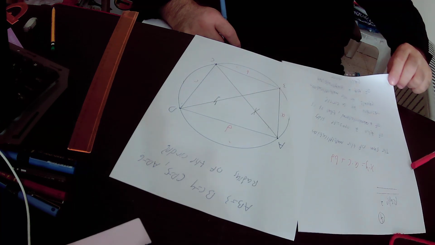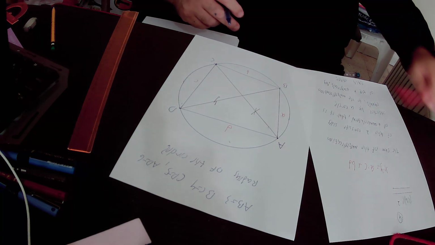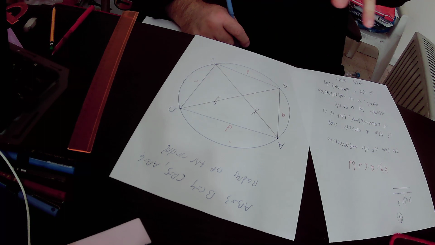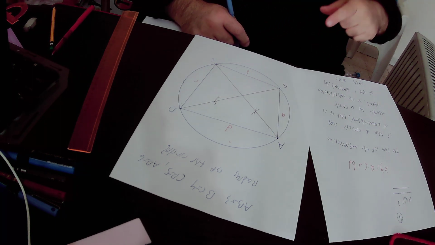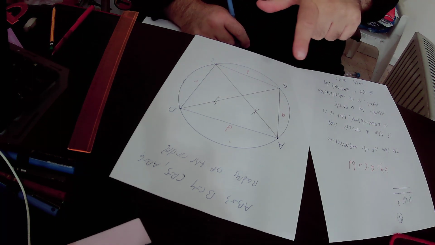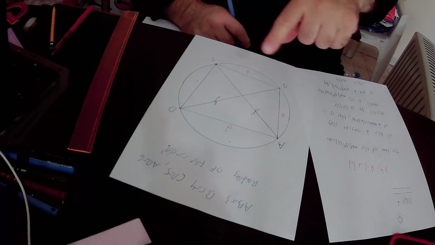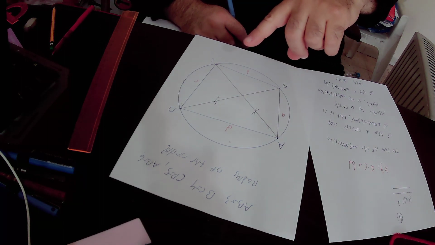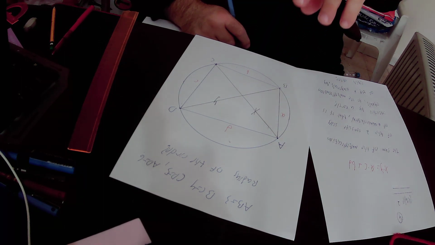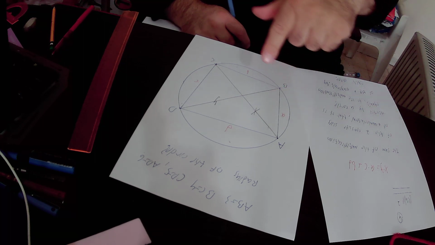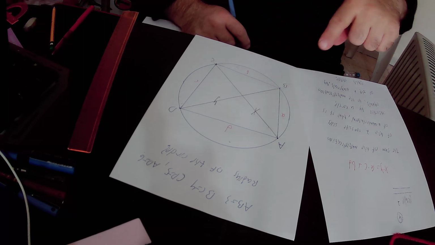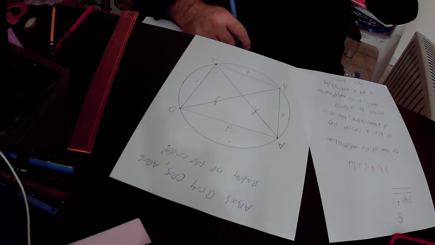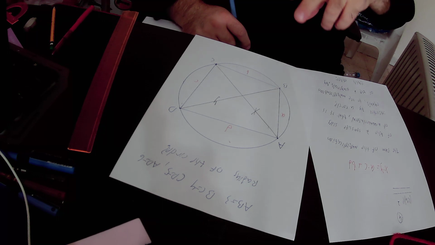So whenever you have a quadrilateral that is inscribed by a circle, then the multiplication of the two diagonals of that quadrilateral, that is to say x times y, will be equal to the sum of the two opposite sides that are multiplied by each other.